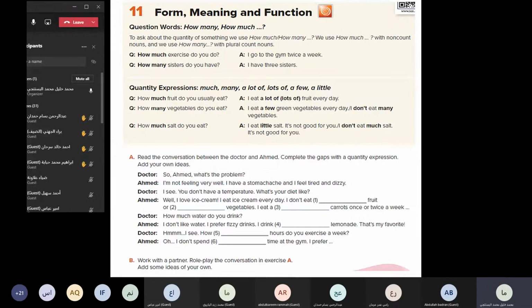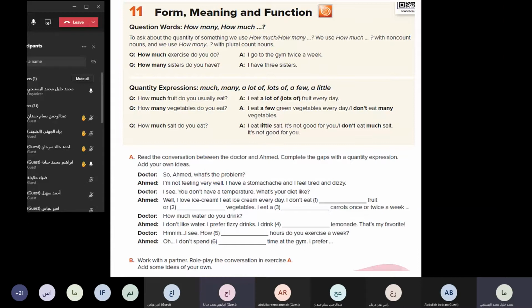Now we have a few. A few is used with what? Where do we use a few? Ibrahim? For both, for little things or few number. Okay, but is it used with countable nouns or uncountable nouns?